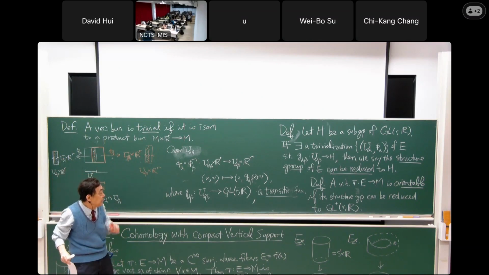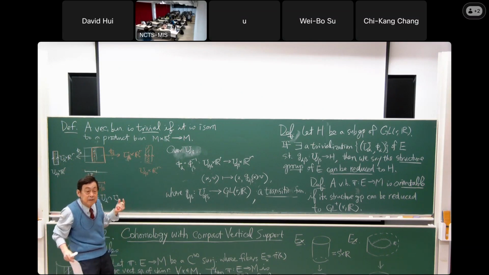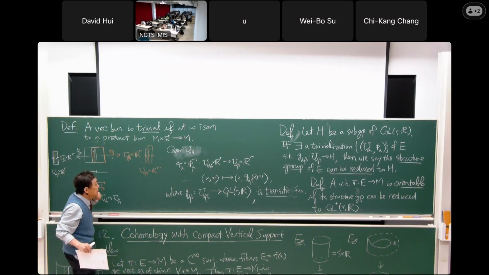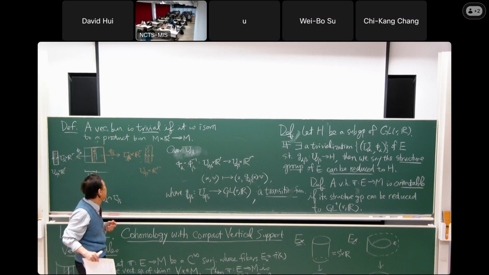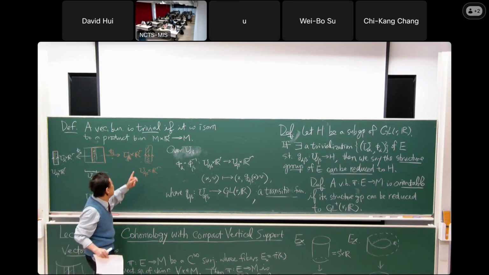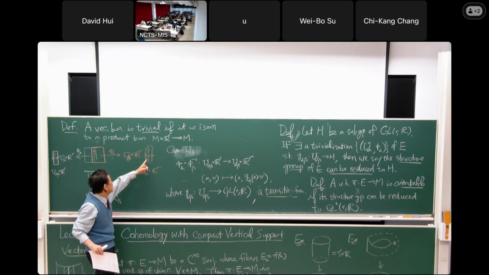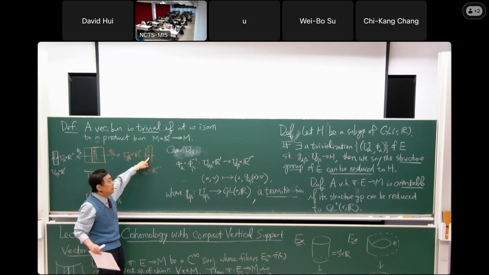So when you have an orientable bundle, it's possible to give an orientation to each fiber of the vector bundle. And there are two ways to do it because you can say, okay, the orientation of the fiber here will be the same as the orientation here.